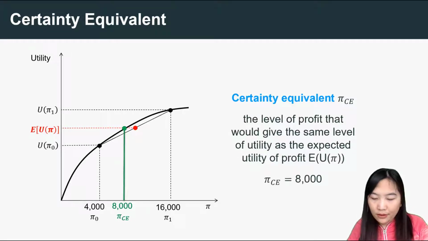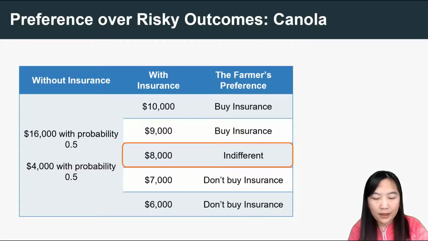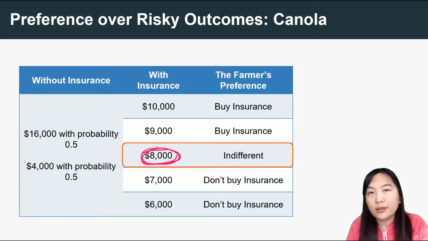And once you find your certainty equivalent, in this example, it is 8,000. If you still remember from last lecture, we have a table of different preferences over different outcomes, and you can see here that 8,000 is the level where the decision maker is indifferent between taking the risk or getting a certainty equivalent.